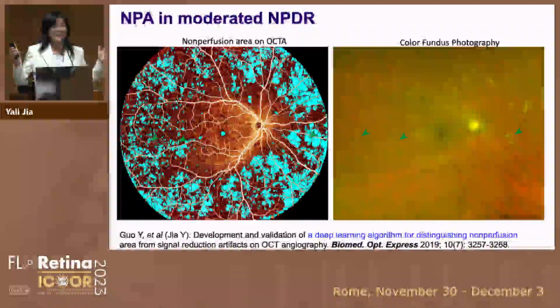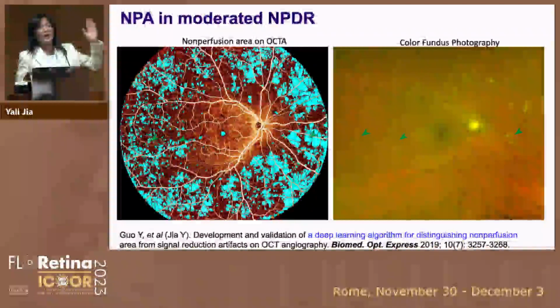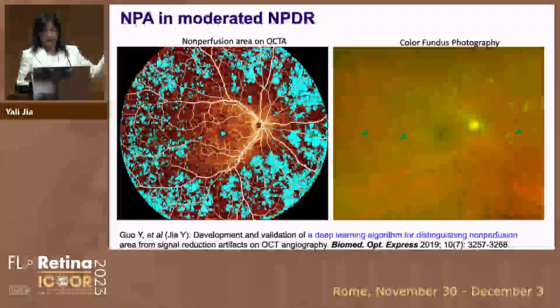We didn't do any optimization. It's just directly applied. So that means super wide field OCTA plus some advanced deep learning algorithms can make our life easier.